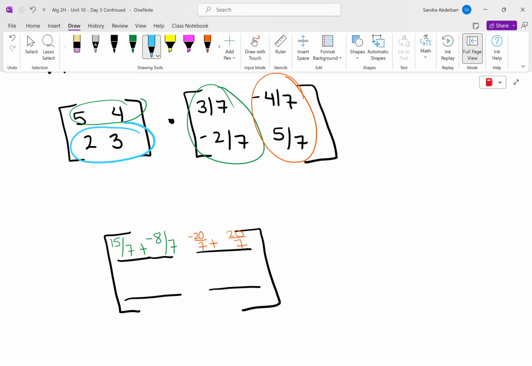Now we're moving down here. We have 2 times 3 over 7 is 6 over 7, plus 3 times negative 2 over 7 is a negative 6 over 7. And then 2 times negative 4 over 7 is a negative 8 over 7. 3 times 5 over 7 is 15 over 7.